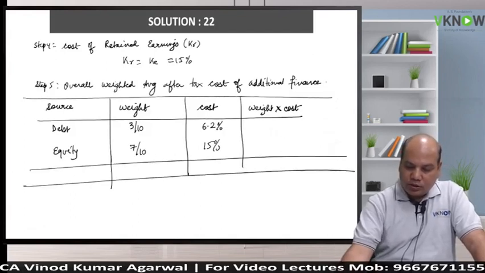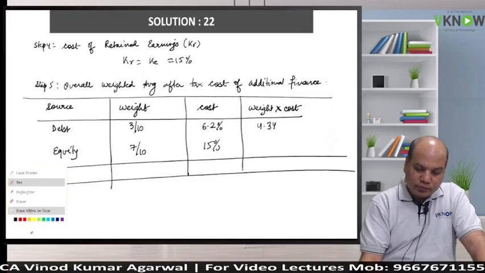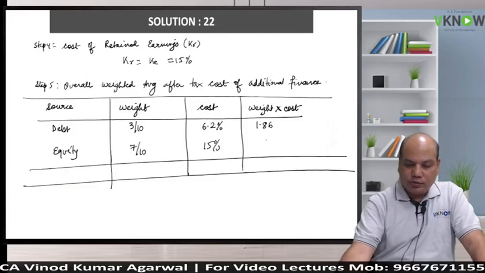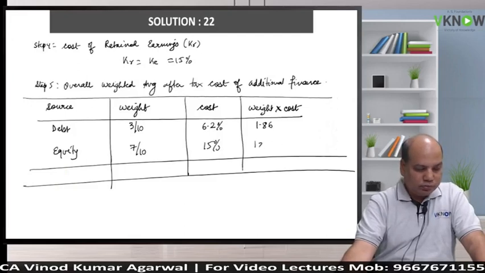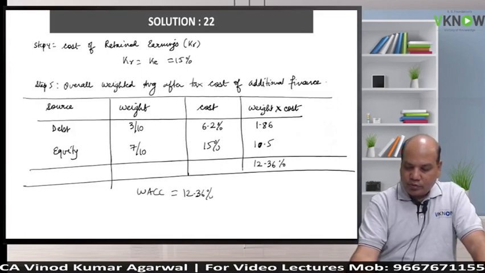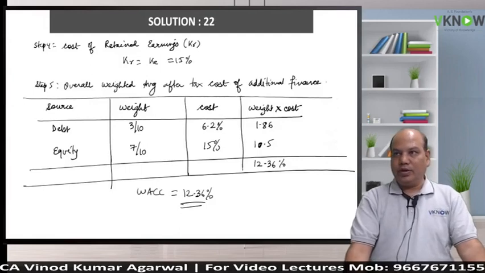Now you tell me the answer. 6.2 into 3/10 is 1.86. Next, 15 into 7/10 is 10.5. Total is 12.36%. So WACC equals 12.36%. Is it right?